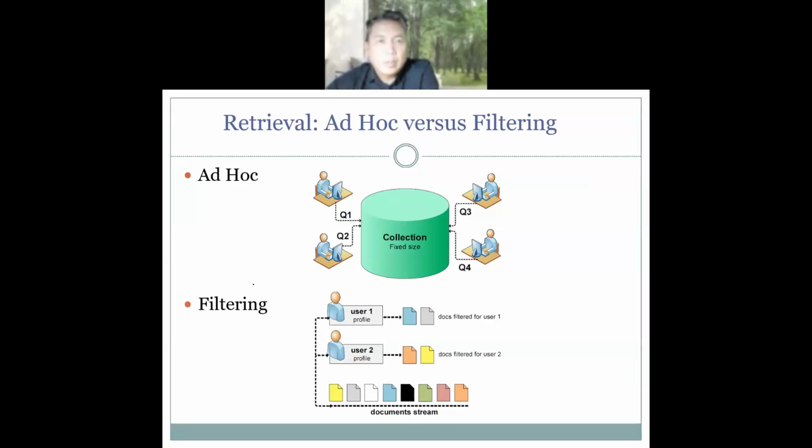Okay? So when we try to retrieve the document, we have two different methods. The first one is we have a query. We have an individual person here, and then we have a collection of documents.